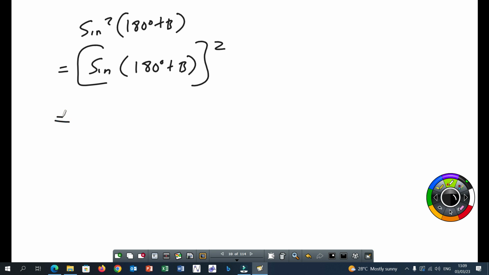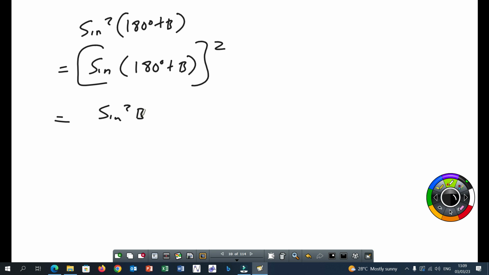So the answer will always be positive. And in this case, it's going to be positive sine squared b. As long as there is a square here, the answer will always be positive.